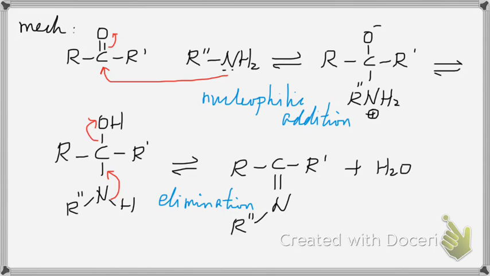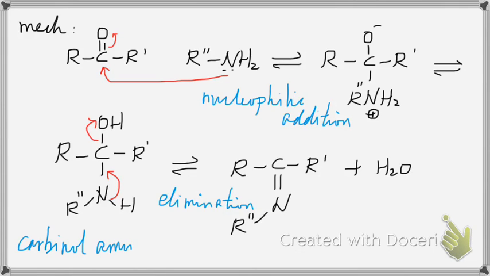Double bond forms and OH leaves. Okay, so that's how the double bond is formed, but this is a C=N double bond. So this more specifically is a dehydration, right? And it gives the imine as the final product.